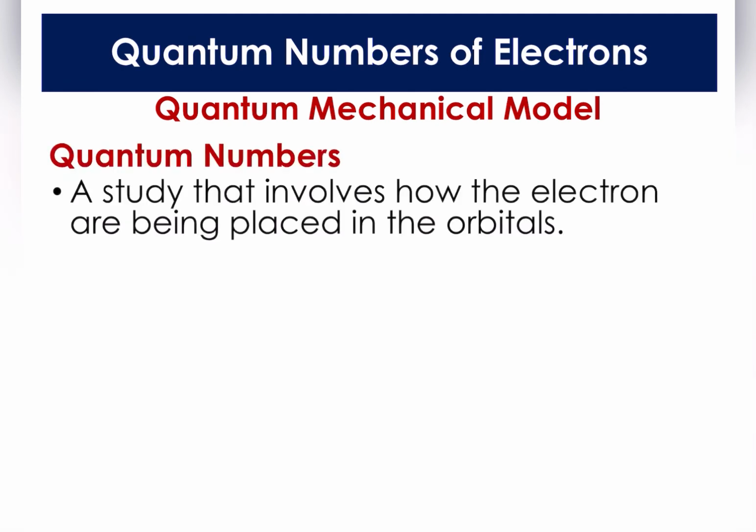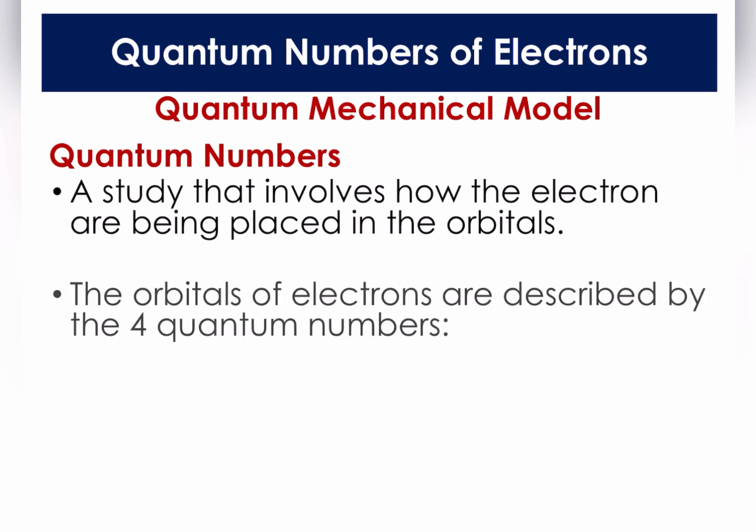So next thing, apabila awak sudah kenali tentang orbitals dan awak faham dia ada differences dalam terms size, energy, shapes dan orientation, so itulah yang kita kena faham tentang 4 terms of quantum numbers.